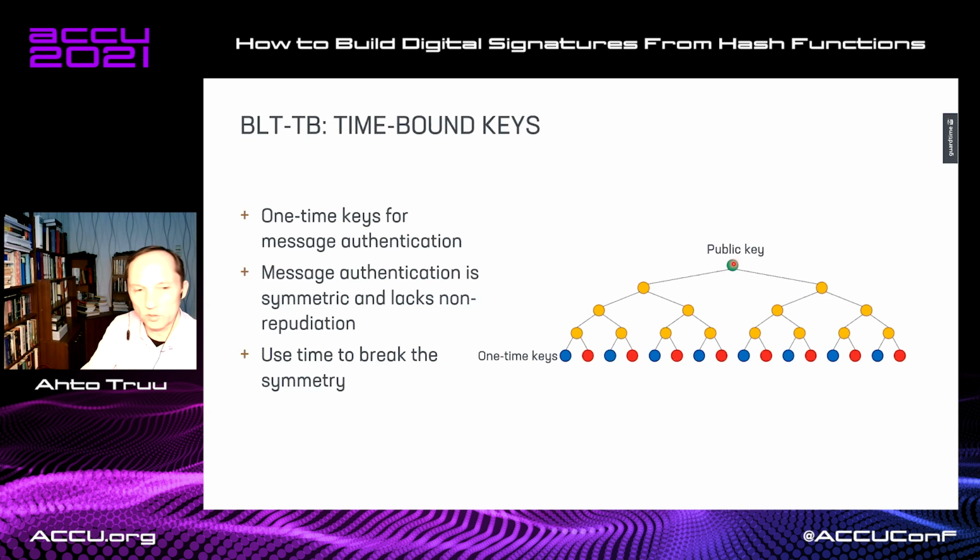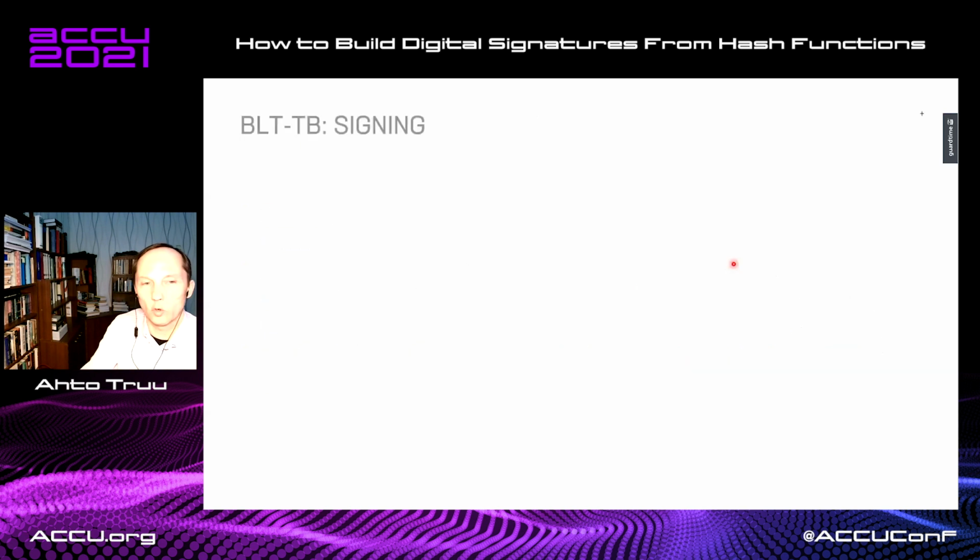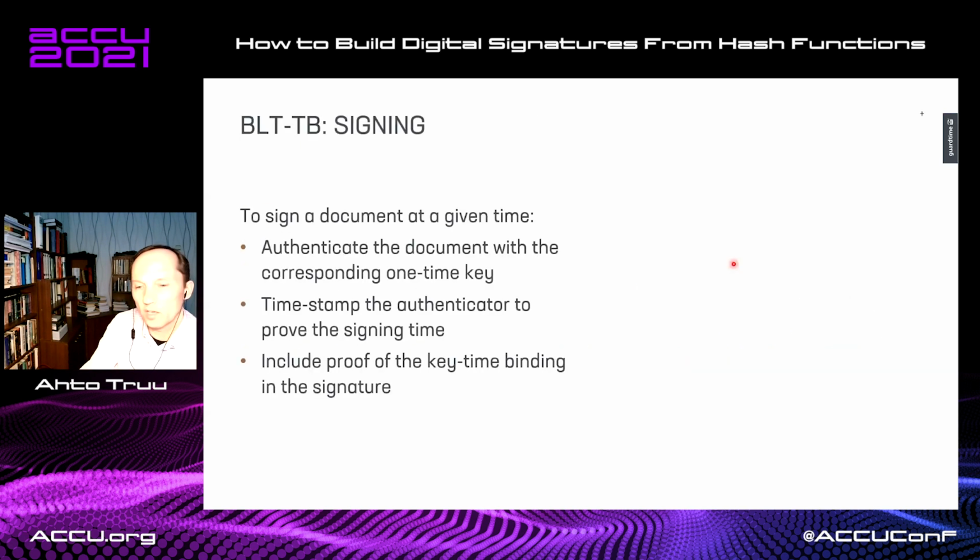And then in order to sign a document at a given time, I take the document, typically I hash it, and then I combine the document's hash with a key that corresponds to the time when I'm doing the signing. So I need to know what the current time is, and assuming I do know that, I can pick the correct key out of my many one-time signing keys.